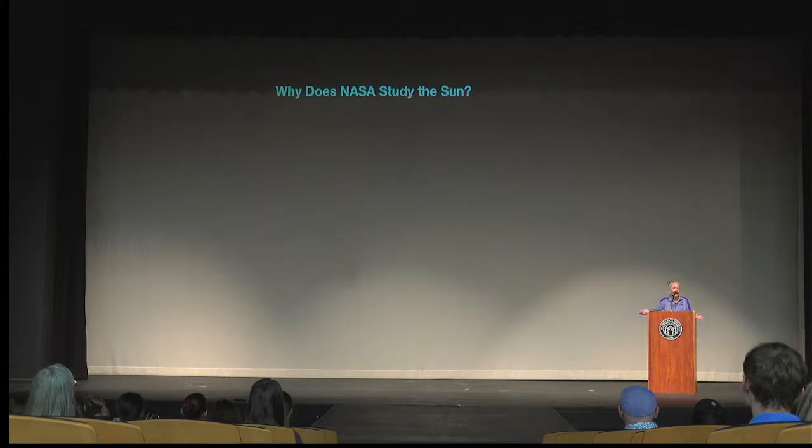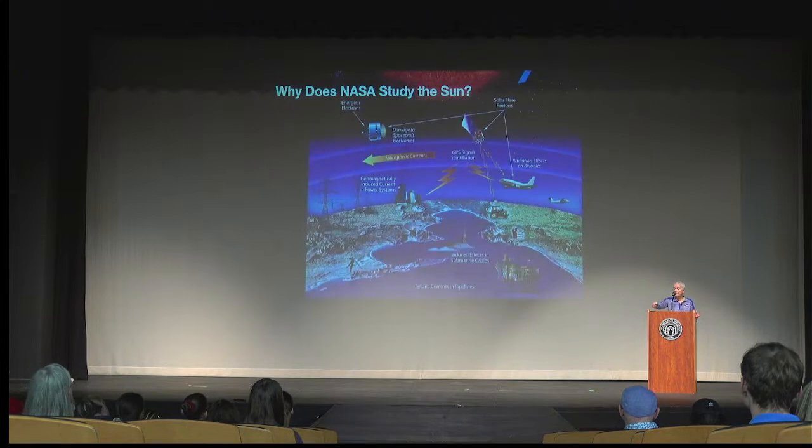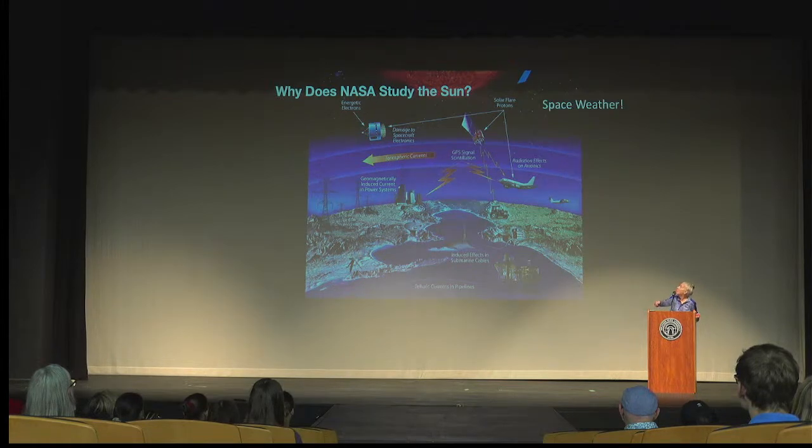So why would NASA care about studying the sun? Well, because of this, because of space weather. And space weather can affect all the systems that you see on this slide. It can affect ground communications.